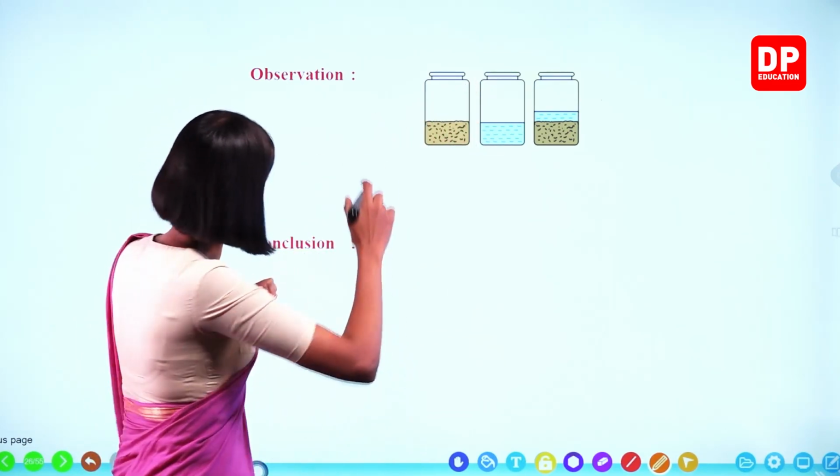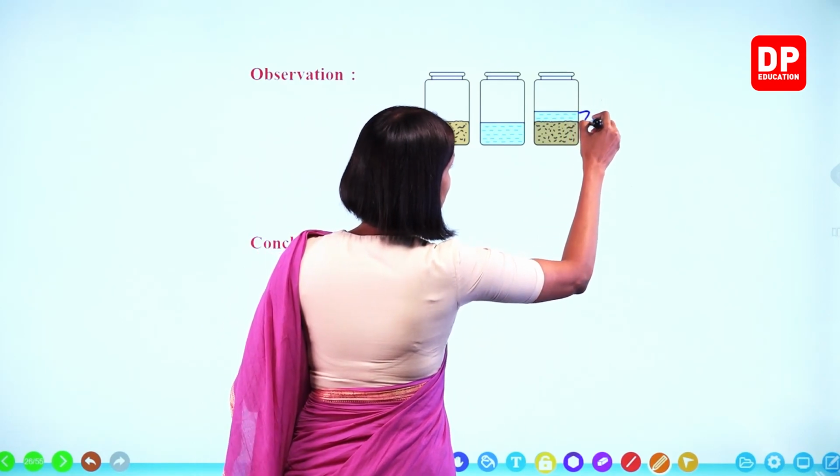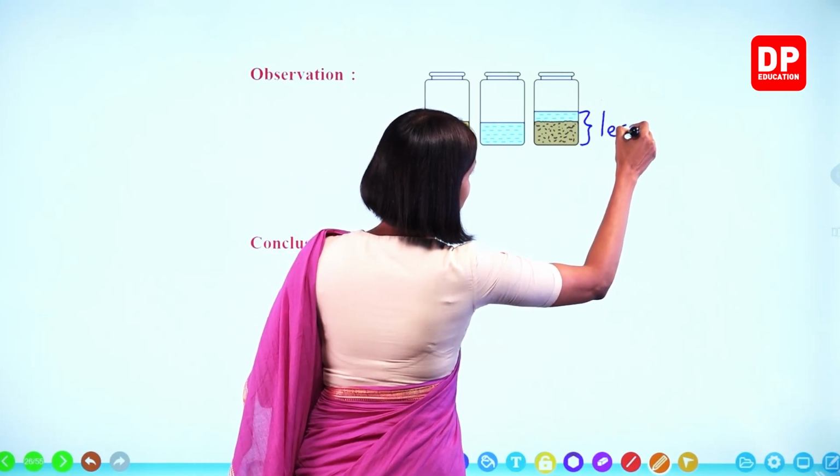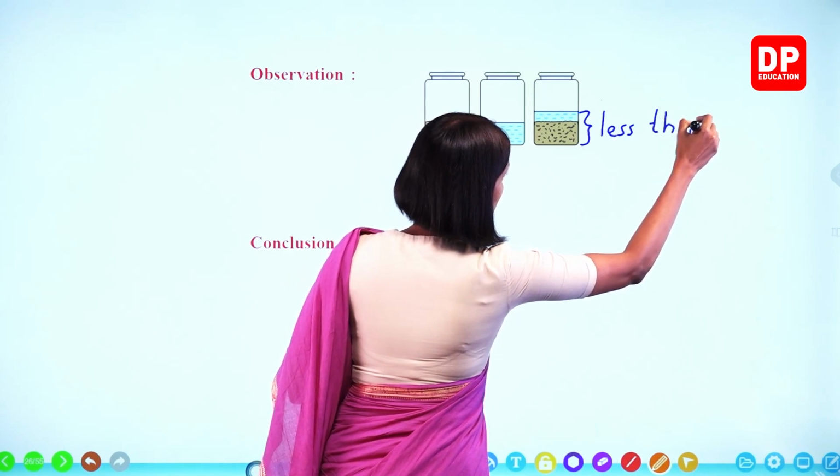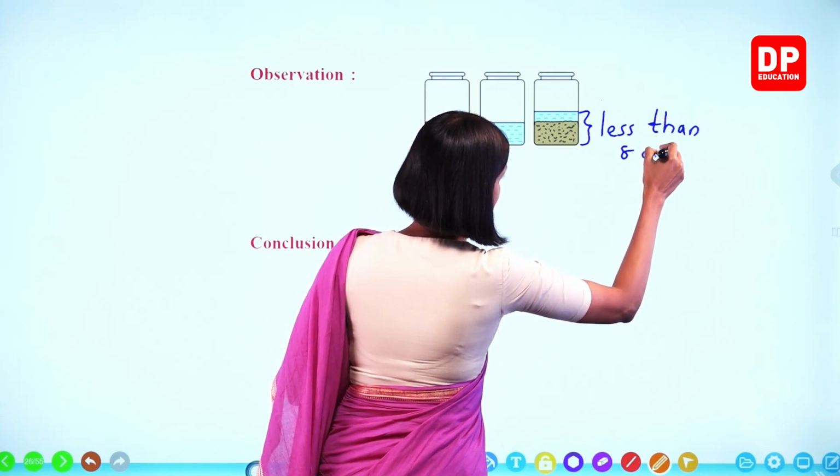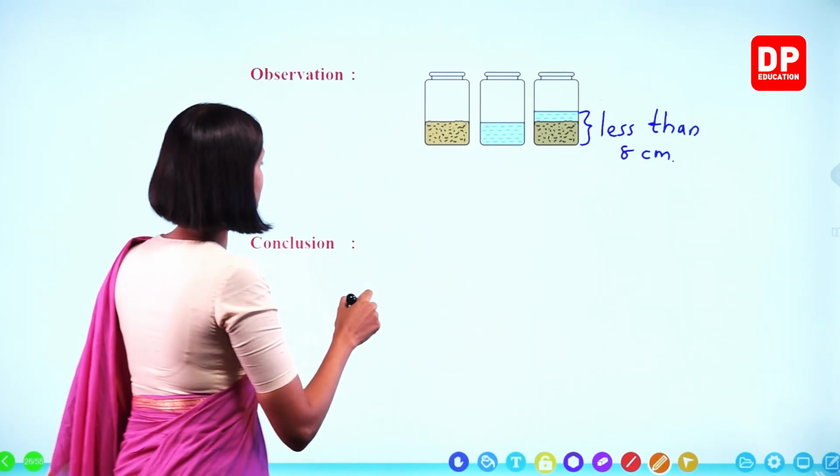Right? Now you can write the observation. This height is less than 8 centimeters. Right?